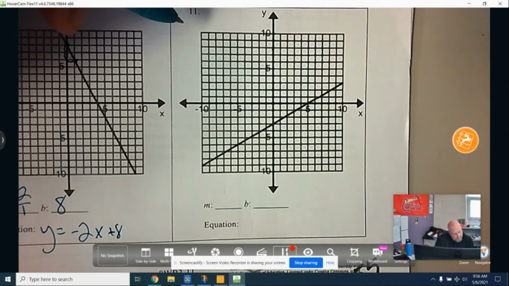So it can't be this one. It can't be that one. It could be this one because it starts at 1. However, look at your slope. -4. Is this a negative slope? No, it's positive. It can't be that one. Is this a negative slope? Yeah.